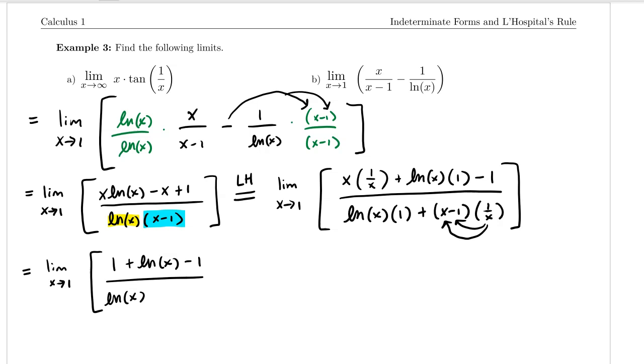If I do that, I get plus 1 minus 1 over x. And notice that this 1 and this minus 1 are going to cancel out. And if I use direct substitution at this point, I would get 0 over 0 once again. And so we're going to use L'Hopital's rule another time.